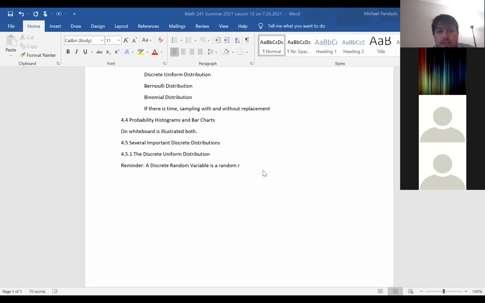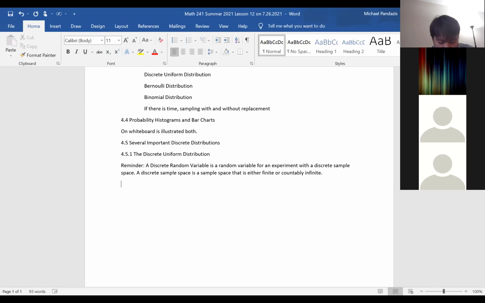A discrete random variable is a random variable for an experiment with a discrete sample space. A discrete sample space is a sample space that is either finite or countably infinite.